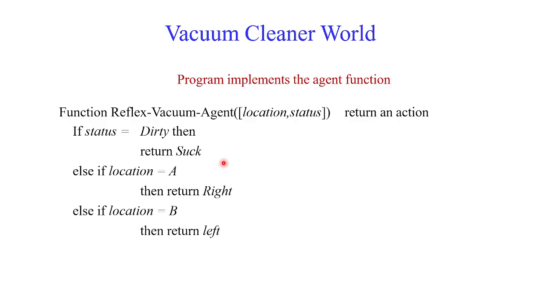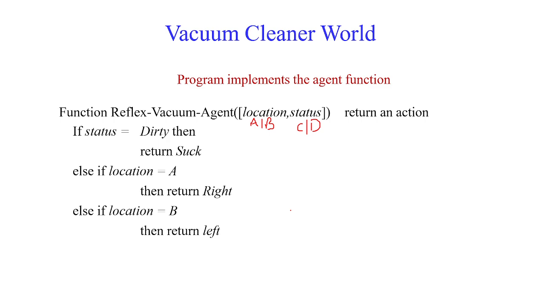The agent's current location, whether it is in room A or room B, and the current status, whether it is clean or dirty. So these are the 2 inputs.